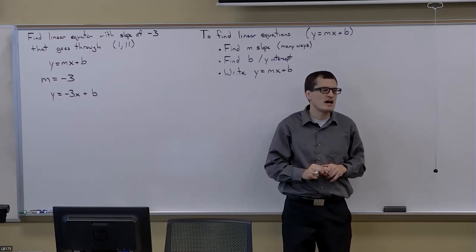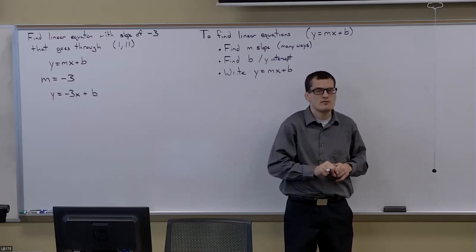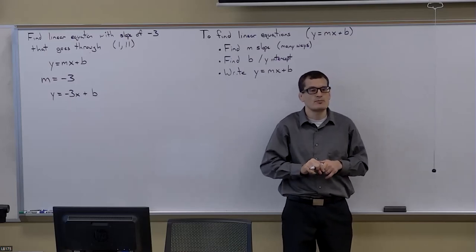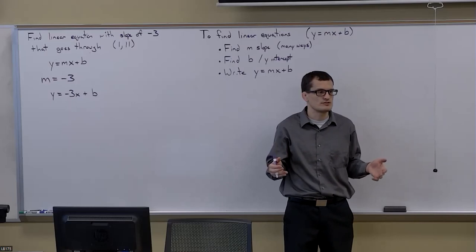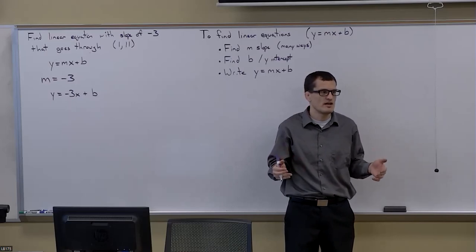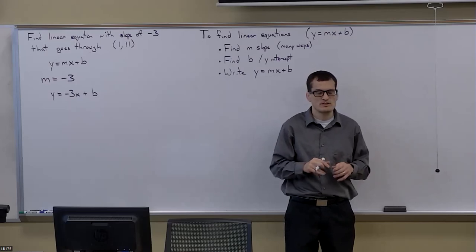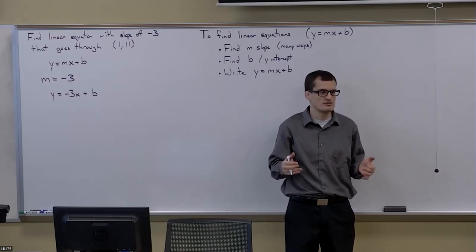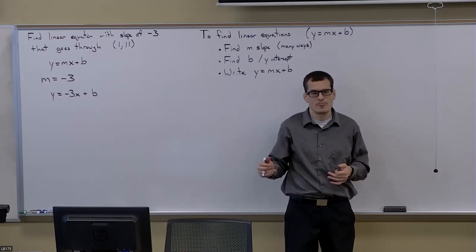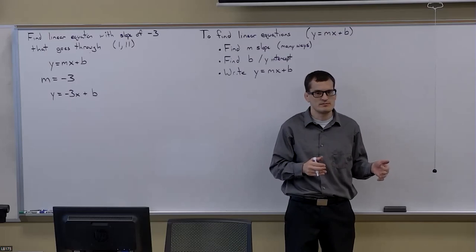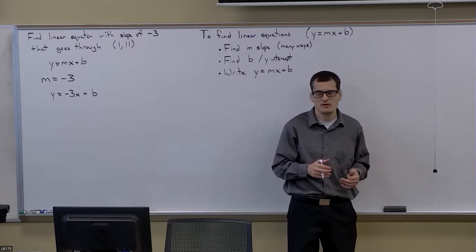Now, when we say a line goes through a point, what we actually mean is that if we plug in that point, it gives us a true statement. That is, a point that works in the algebraic equation. So that's what the graph of a line is, right? A bunch of points, which when you plug them into the equation, make that equation true.